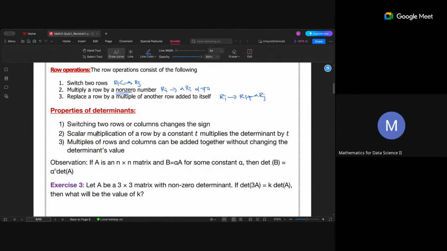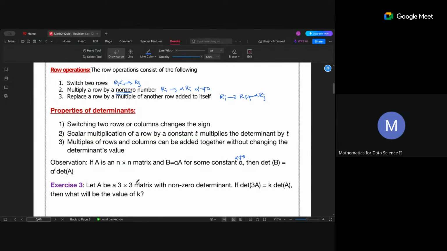Okay, now with these properties, let's see what we can do here. If A is an n by n matrix and B is equal to alpha times A for some constant alpha, remember here alpha is non-zero, then determinant of B is alpha power n times the determinant of A. Based on the above property, we have this condition here.